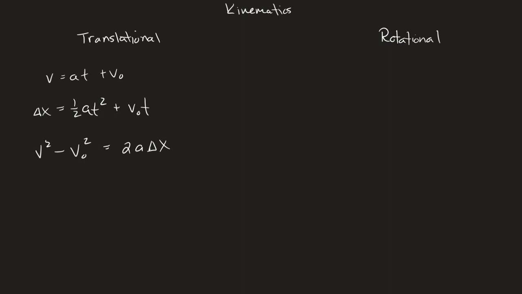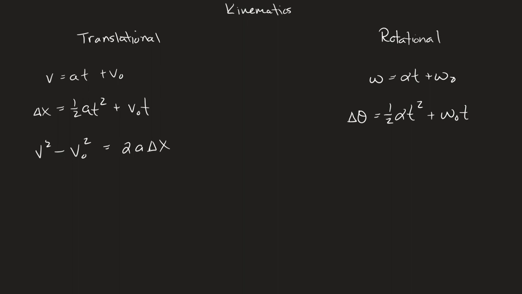So I already showed that this one is omega equals alpha t plus omega naught. So is it a big stretch to say the next one would be delta theta equals 1/2 alpha t squared plus omega naught times t? Does that make sense?